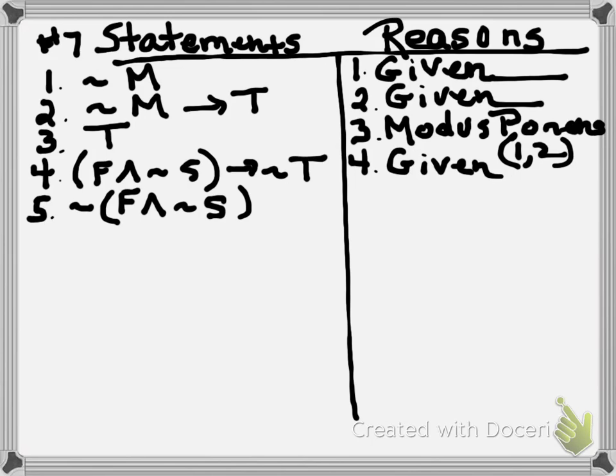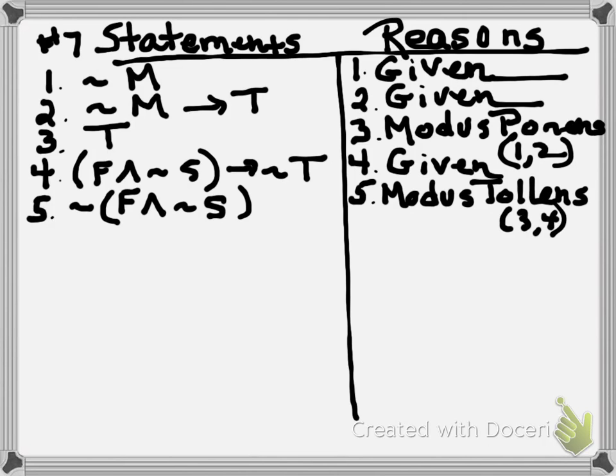I just write the negation of the hypothesis because the reason for that is modus tollens. To simplify it is a different reason. And modus tollens is lines 3 and 4.